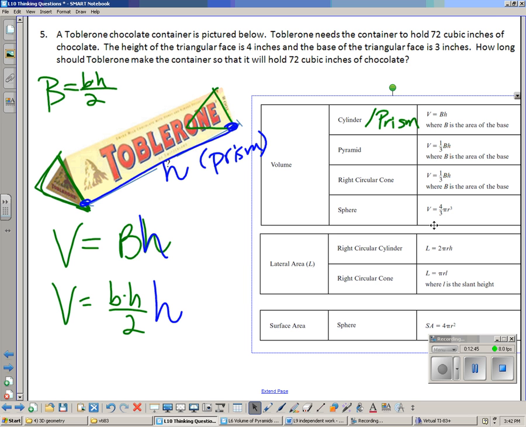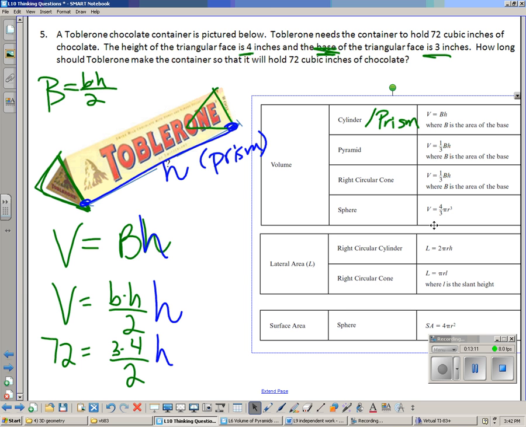They told us the container needs to hold 72 cubic inches of chocolate. So the big V is 72 equals, the little b is coming from the base of the triangular face, which is 3 inches. So 3 times 4, the height of the triangular face, divided by 2, times the height of the prism.